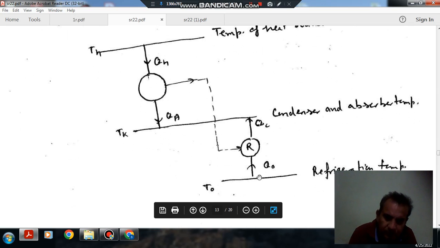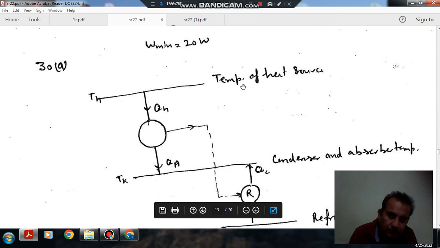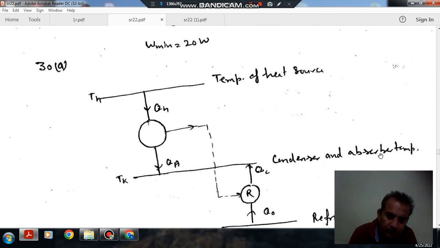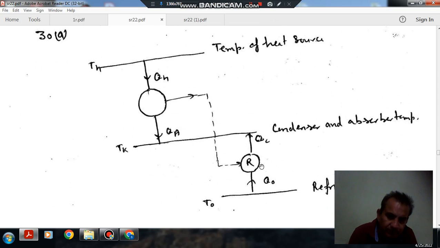This is the refrigeration space, where the temperature is T0, and Q naught heat is being taken from this, and QL is supplied to the condenser and absorber. So this is the heat source, this is the condenser absorber, and this work is being supplied to this.